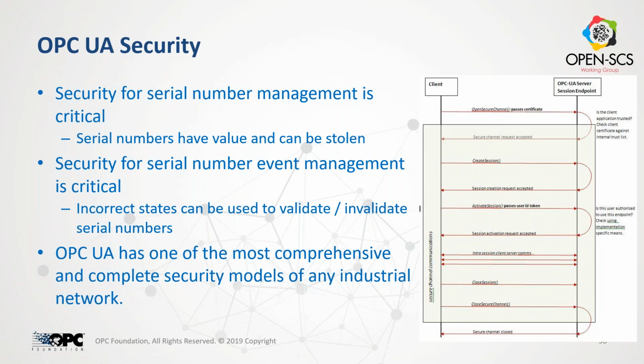In fact, it is the recommended model that's being used now for a lot of the secure communications going on in edge devices and others, where there's a lot of checking to make sure that I've got a valid certificate so people can actually talk. I create sessions, I pass user IDs, I have encrypted communications, I can close the channels. A lot of work has gone on.